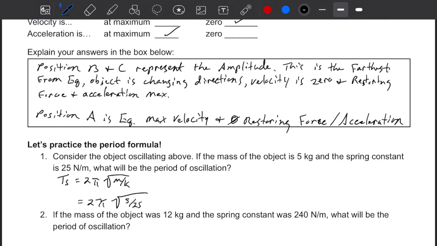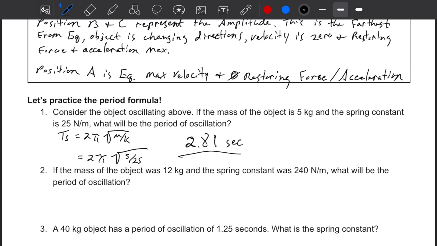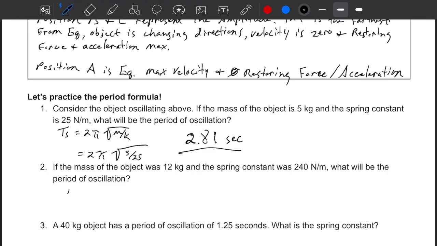That will get us the period of this spring: 2.81 seconds. Remember, the period is the number of seconds it takes to complete one oscillation. So the unit for the period is in seconds.